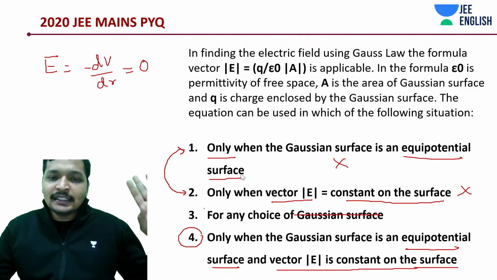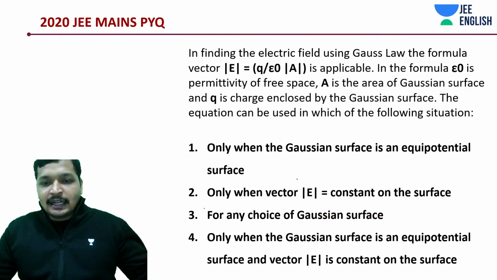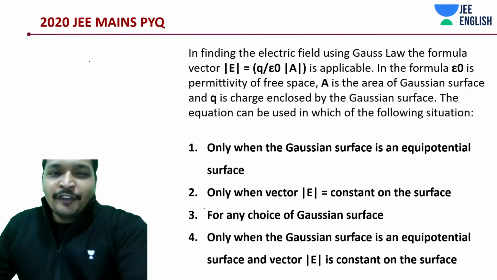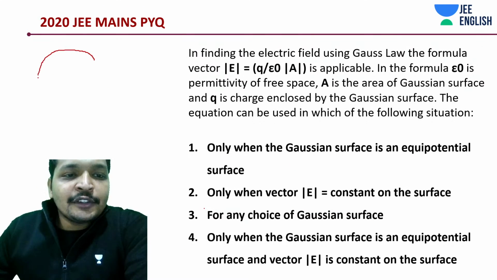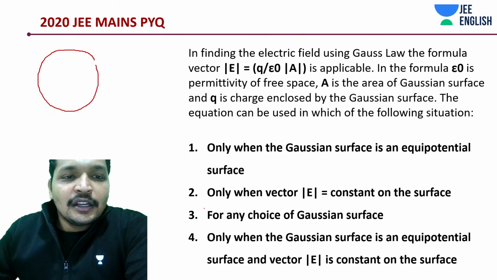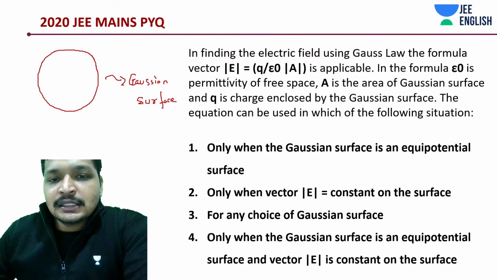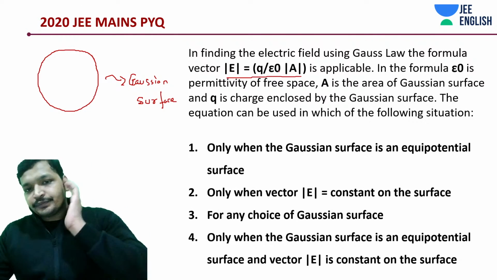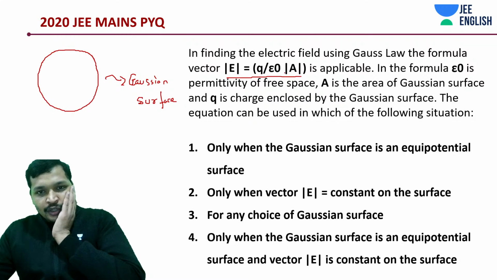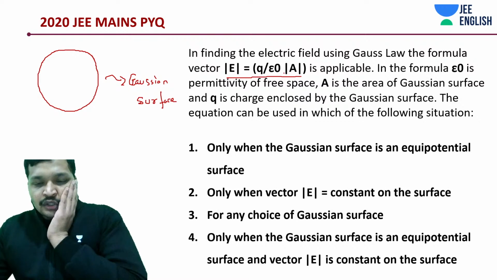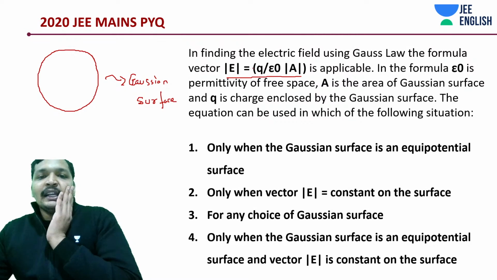This is a kind of vague way of doing it, but definitely in your exam this will be helpful. So you take a Gaussian surface like this. I'm going to apply Gauss law, which is nothing but this thing given over here. In this case, what is your electric field? Charge enclosed divided by area.